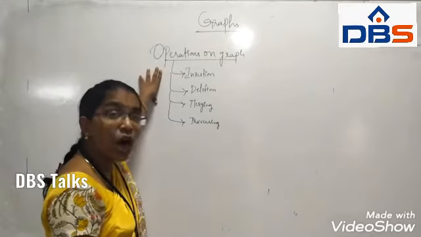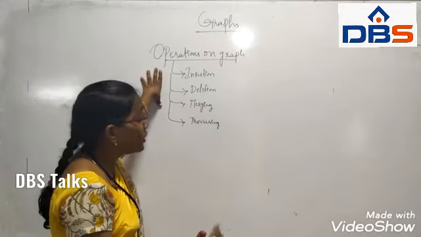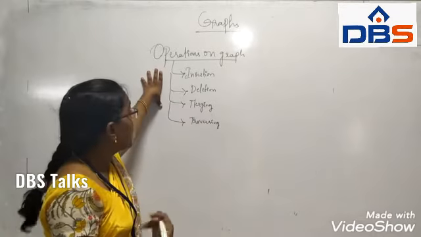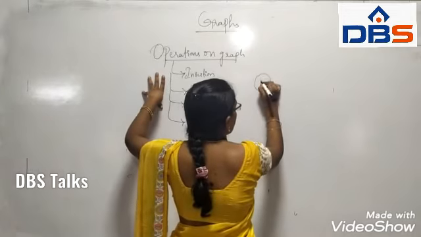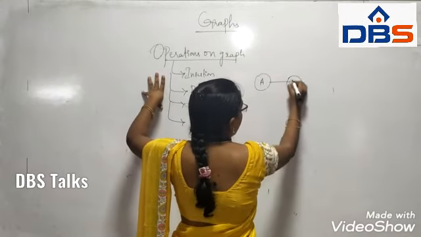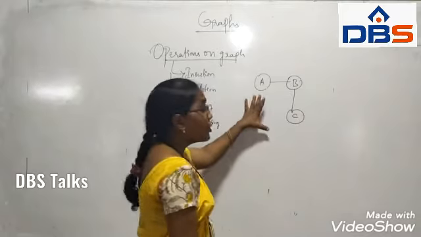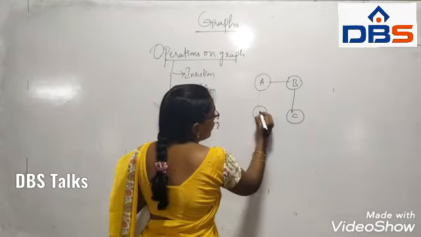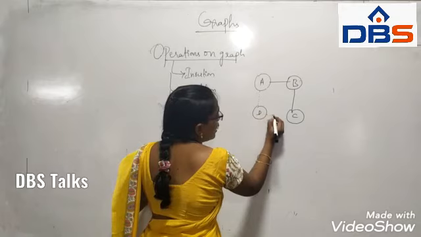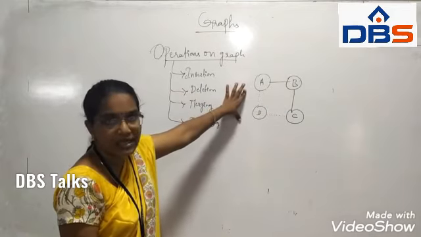Okay? Let us see how in adjacency matrix we are going to insert a particular node. Okay? Suppose this is the graph A, B and C. If you want to insert this particular node, D, then how we are going to insert it? Now let us see. Okay?